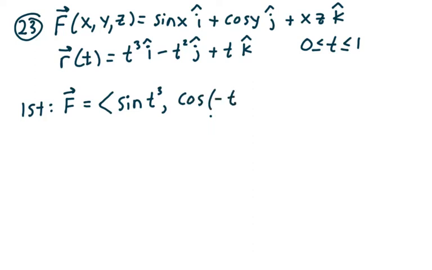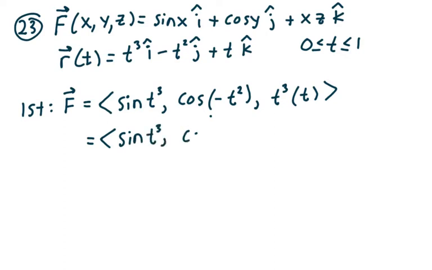So we get cosine of negative t squared. And then x is t cubed. z is equal to t. Again, it's all substitution all the time. All right? And so we get sine of t cubed, cosine of t squared, t to the 4th.